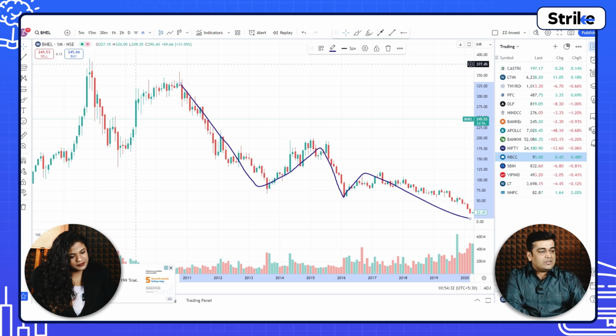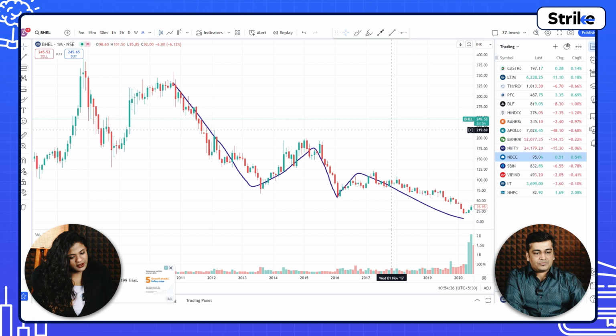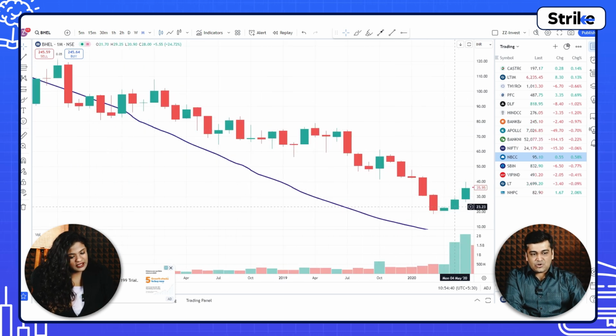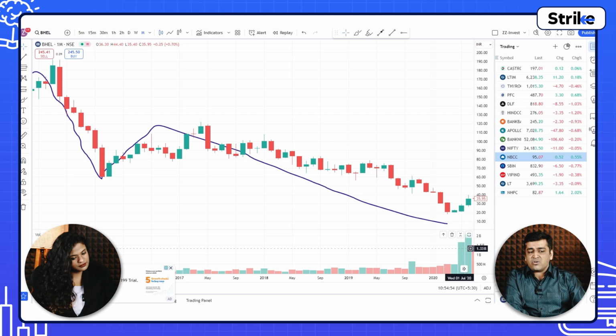Now what's happening? Now look at the volume. We are seeing an increase in volume, with green candles. Now when you see these one and two big greens, the candle sizes are comparatively average, but look at the volumes. 2 billion shares got traded in a particular month. Now if I want to ask you, who has the power to create this 2 billion shares, a retailer or an institutional player?